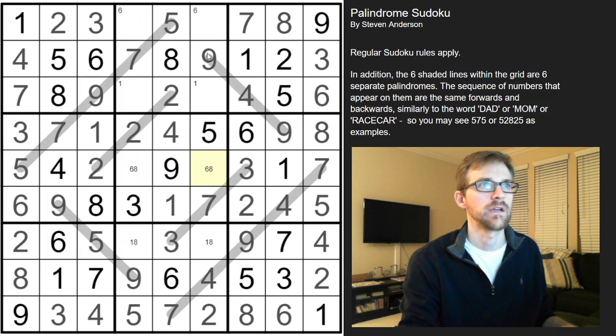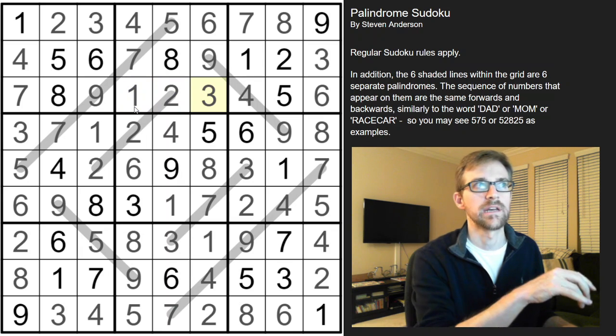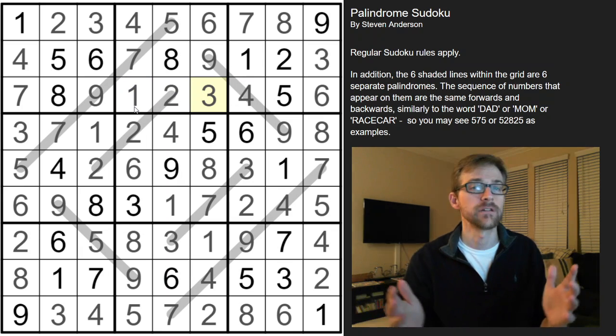Oh, we still can't figure that out. 4, 6. Well, that 4 means that's the 4, so that's the 6. And now a 1. Oh, this 6 makes that an 8. That's the 6. That 8 makes that the 1. That the 8. This is now the 1, and we're missing a 3 now. So that's it. That is a palindrome Sudoku.